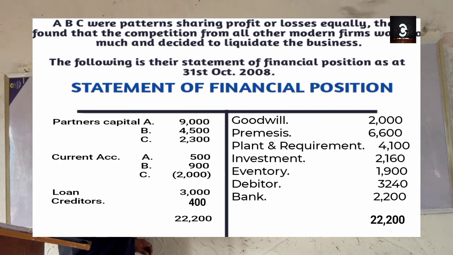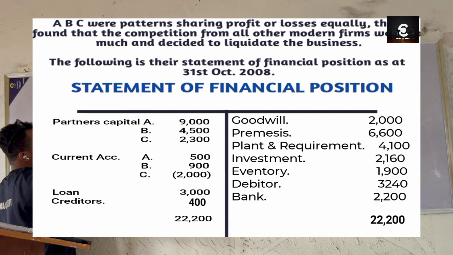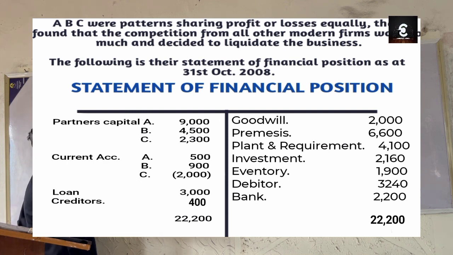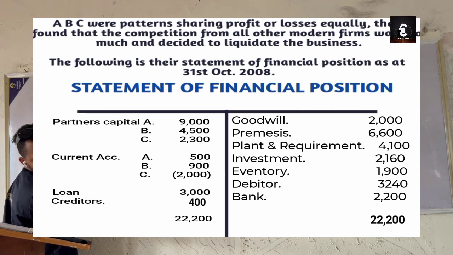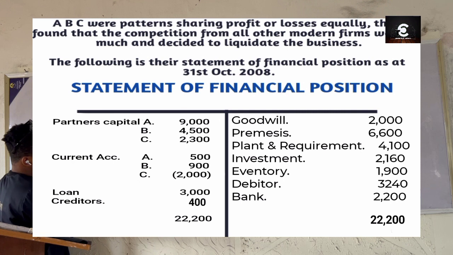Plant and machinery from the question is 4,100. Inventory is 1,900. Investment is 2,160.